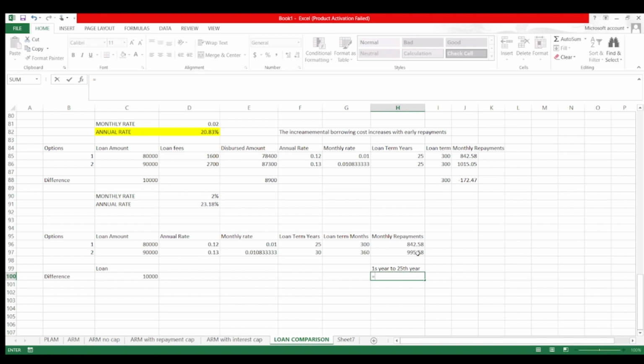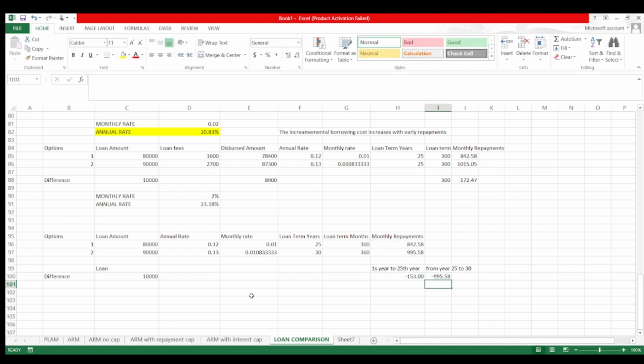So that's when you can take this less that in terms of the cash flow. However, from year 25 to 30, the loan is only applicable for the 90,000. So we take that amount.